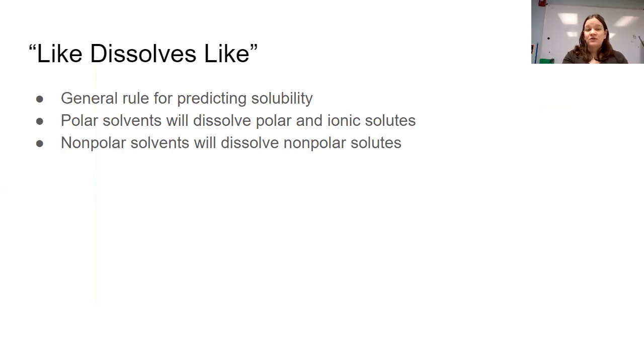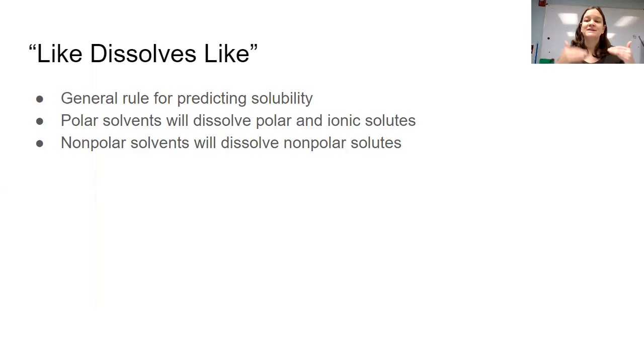To predict whether or not something will dissolve in another substance, we say like dissolves like. What we're describing here is the nature of our solute and solvent, basically whether or not they form charges. If you have a polar solvent like water, it will dissolve polar solutes and ionic solutes, because they both have charges.